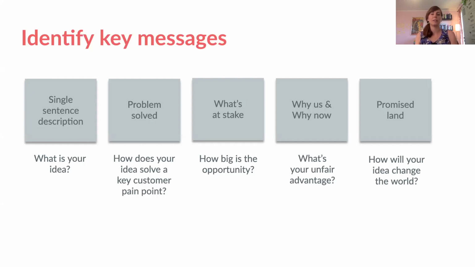And how will your idea change the world? So this is where I start. And then my key messages are the things in these 5 boxes: my single sentence description, my problem solved. So when I'm brainstorming, I'll brainstorm a bunch of different options for problem solved, but then I'll filter up to the one that I like the most. And I do the same with every other category.